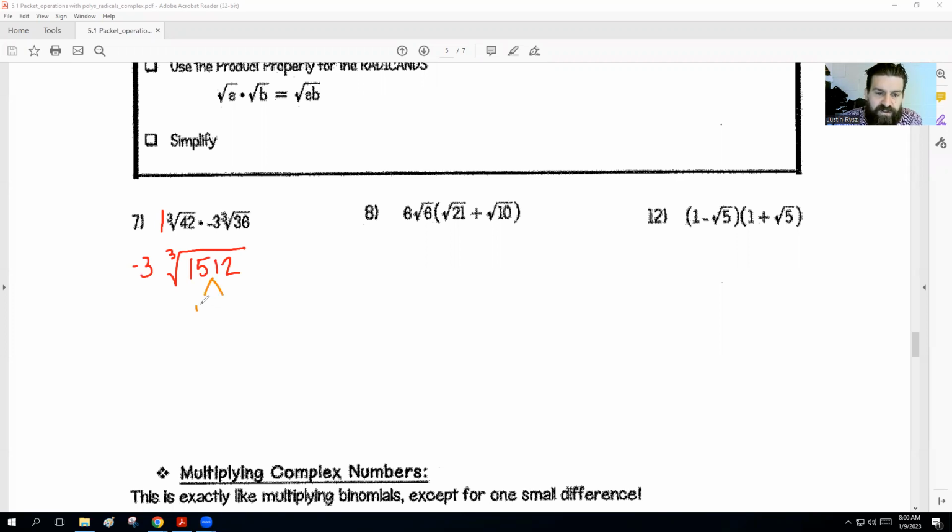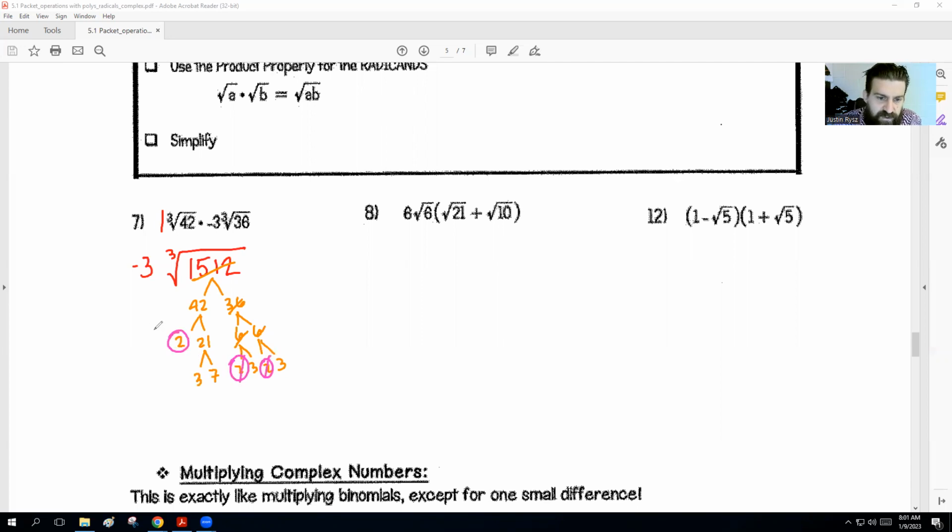All right, so then we simplify, we break it down. That is 42 and 36. I know 36 is 6 and 6, 2 and 3, 2 and 3. 42 is 2 and 21, 3 and 7. We need 3 of them to break out of a cube root. 1, 2, 3.